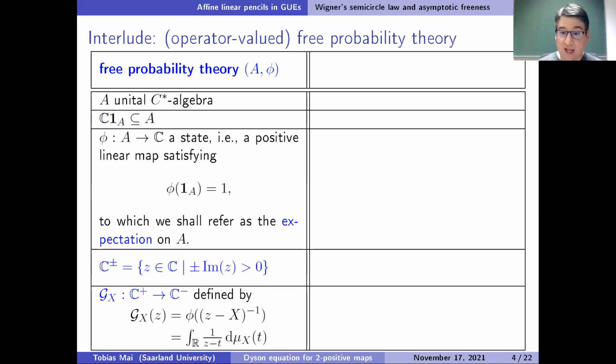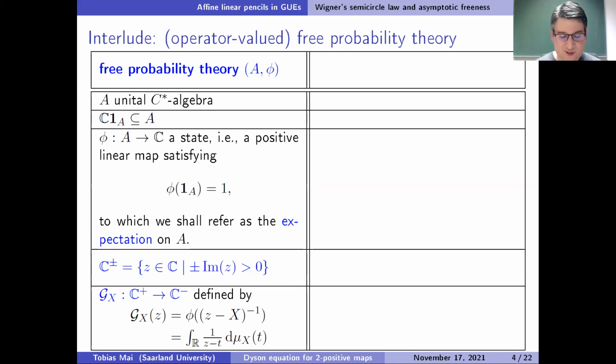Okay, and then there are some analytic tools. This was just a very brief introduction into the basics of non-commutative probability theory. Free probability comes in addition with the notion of free independence, but I would like to be quite vague here. I'm just saying that this is a kind of highly non-commutative analog of classical independence.